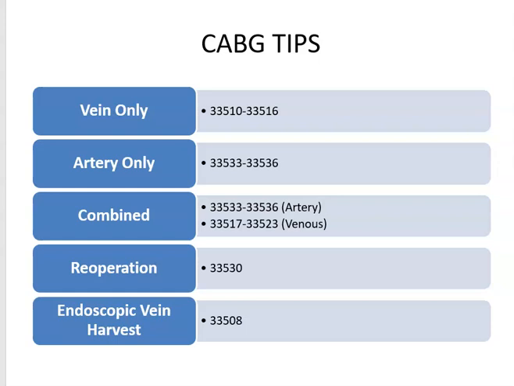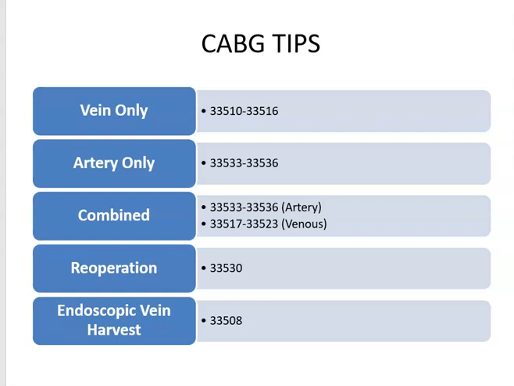All right. Now, in some cases, the physician does a combined coronary artery bypass grafting procedure. When they do a combined coronary artery bypass procedure, that's when they're going to use arterial grafts and venous grafts. Coding here requires that we use a code from two ranges of codes.